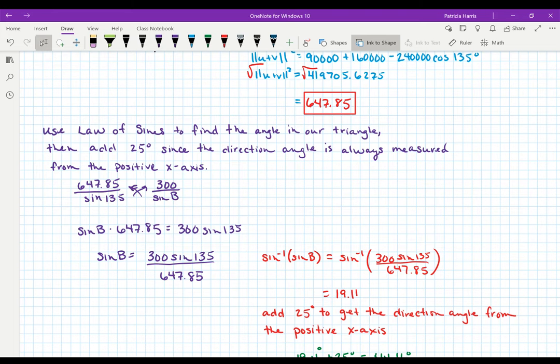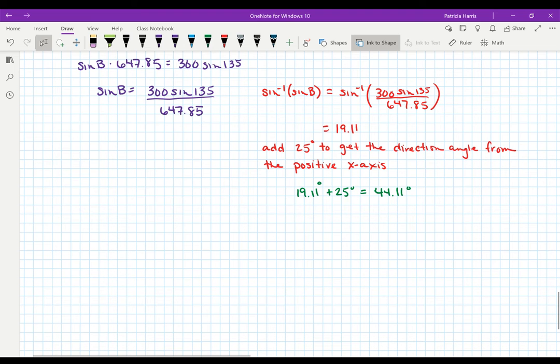Now there's actually a third way to do it. Okay, all right, hang with me.